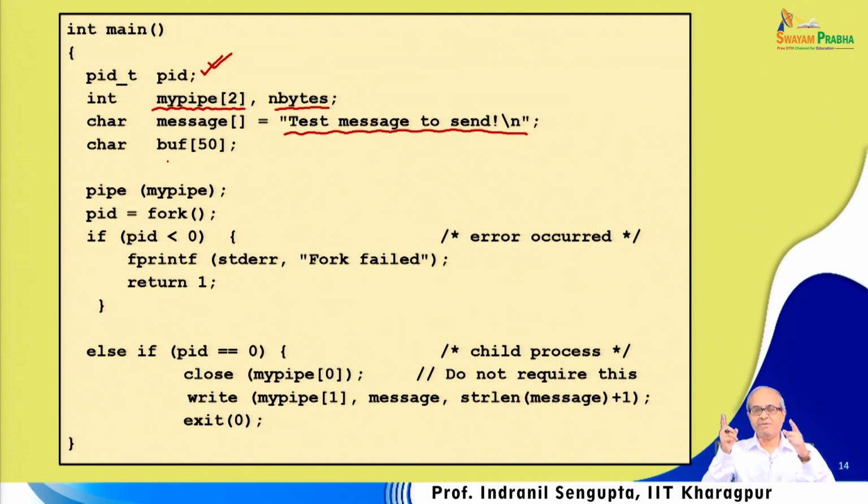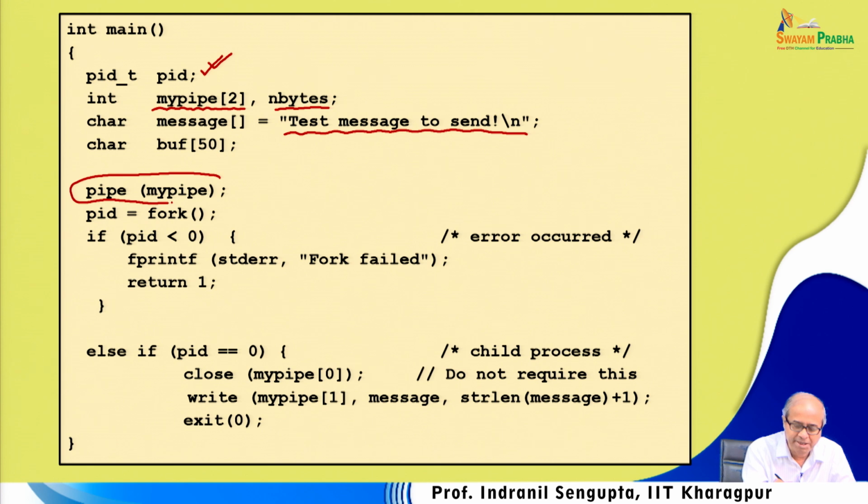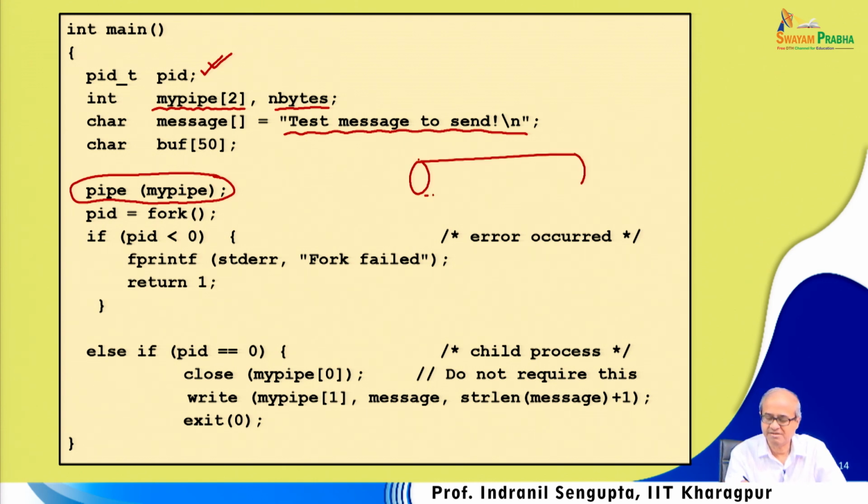Now, when you declare mypipe 2, automatically it is not the case that one process can write into mypipe 0, other process can write into mypipe 1. That will happen only after you execute a pipe system call. So, whenever you call this function pipe, then only the pipe gets created. Conceptually, this pipe gets created.